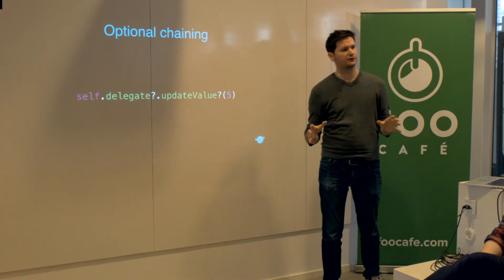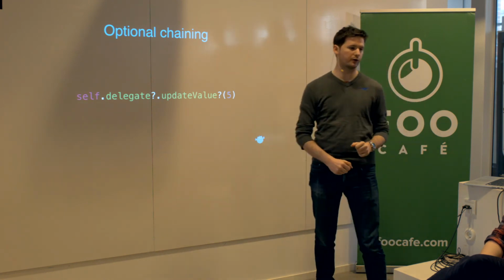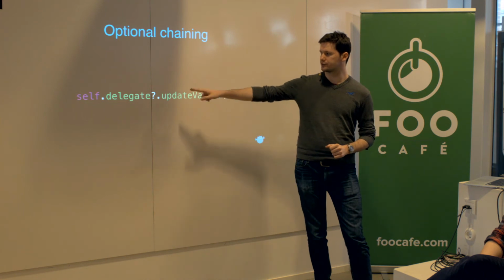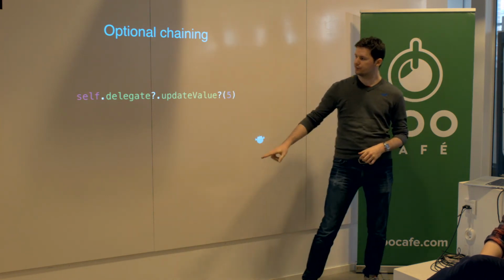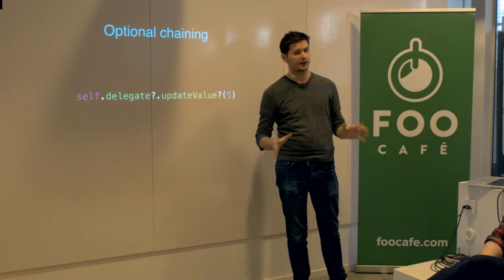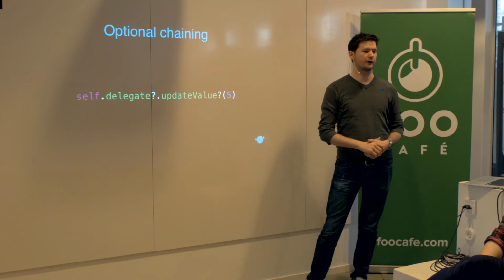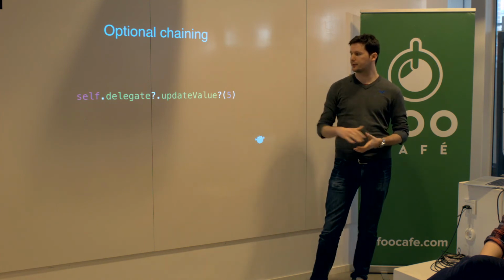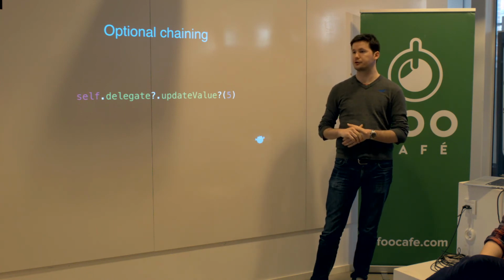So we might have this delegate, and this delegate might have this update value. We don't know. In this case, we can just use question marks at the end. If the delegate is nil, if it's not set, the result will be nil, and it will just stop evaluating. And if it doesn't have the update value, it again will just stop evaluating and return nil.